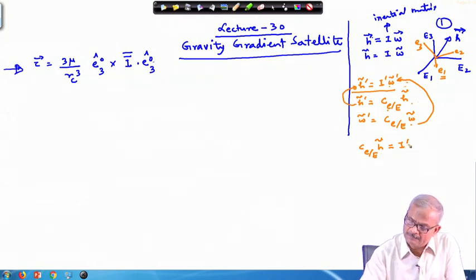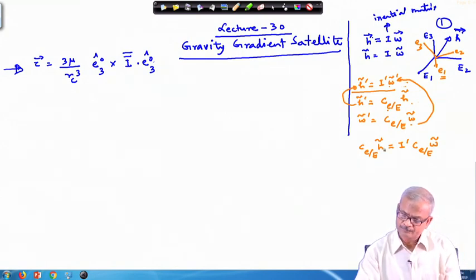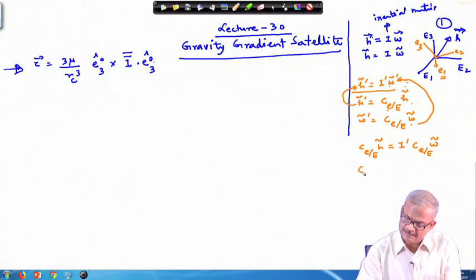So, we have I prime times omega prime, which is C times omega tilde, and then what we are interested in, that this H tilde is nothing but I times omega tilde.